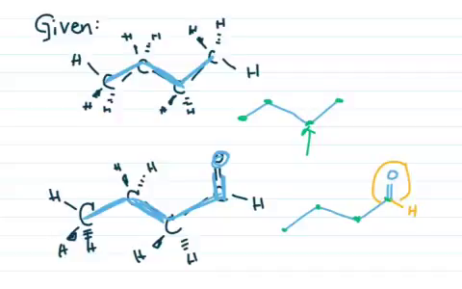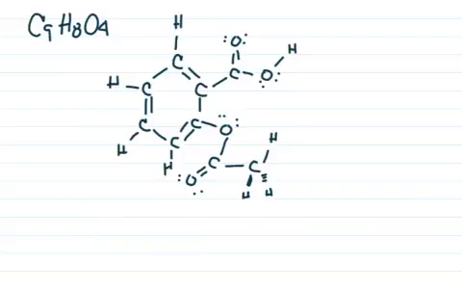Now let's look at another structure, a little bit more difficult. So let's take a look at aspirin. So this is what aspirin looks like. So first thing we're going to do is represent the carbons as little bumps, and we're going to hide the hydrogens that are connected to the carbons. So first we're going to connect this carbon to this carbon, so we make a single bond.